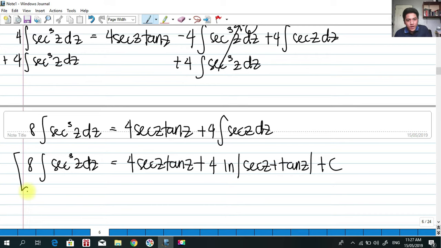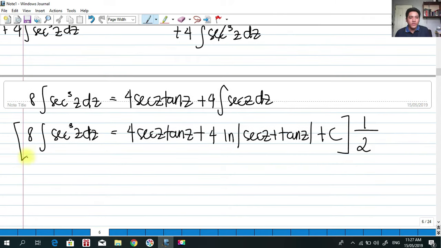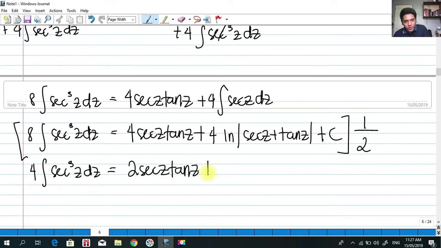By simply dividing both sides by 2. If we divide that, this would now become our original integral a while ago, secant cube z dz. So 4 over 2 is 2 secant z tangent z plus 4 over 2, that is 2 ln of secant z plus tangent z plus c.